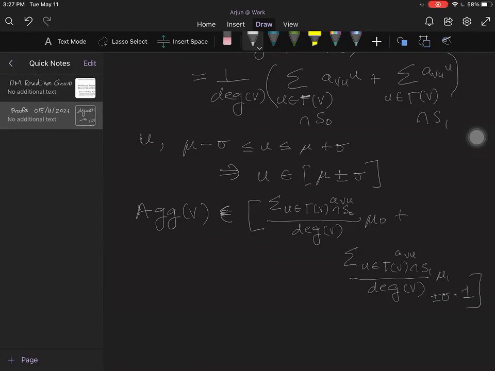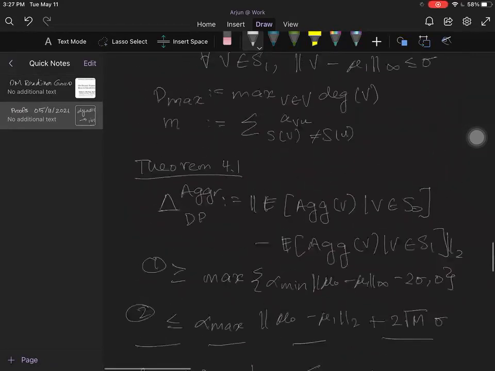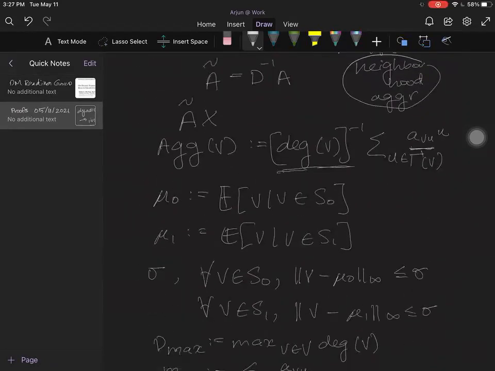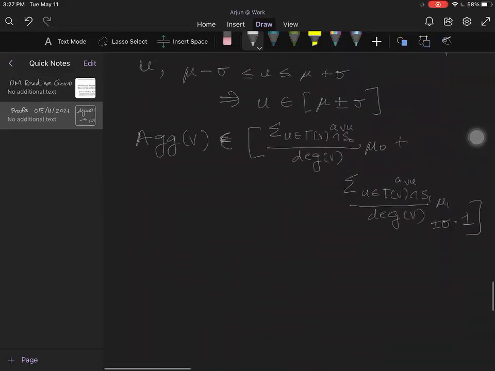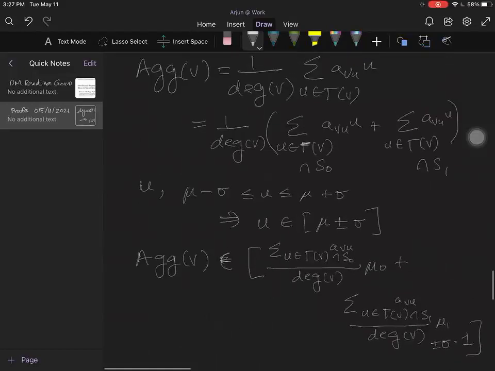So that was a lot of stuff, but all we're doing is taking a linear combination of the means that we had previously defined. Mu naught is the average of all the vertex representations for the nodes belonging to S0, and mu1 is the average of all the vertex representations for the nodes belonging to S1. So we're taking our previous aggregation formula and looking at how far an aggregation of V would differ from the average across all the vertex representations.